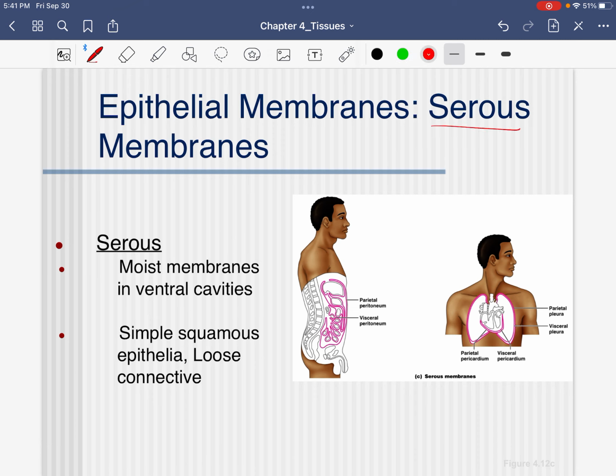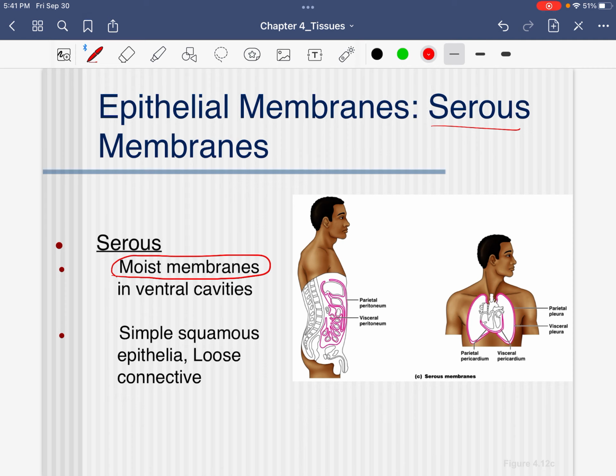Lastly, we have a serous membrane. And I apologize in advance for using this word. Some people don't like it, but it's the best way to describe. A serous membrane is a moist membrane. We're going to be talking about a lot of these as we go through the body systems.